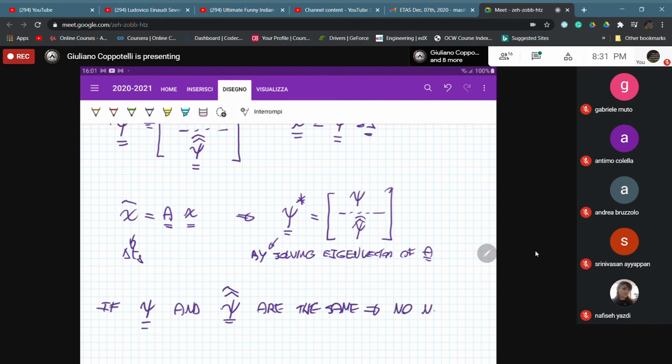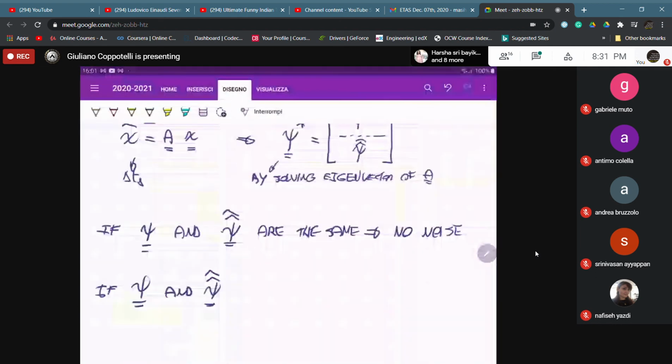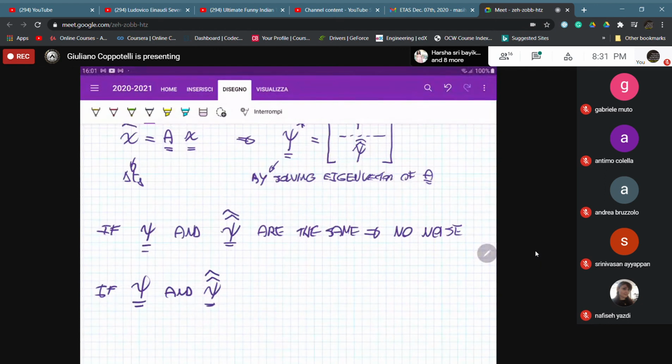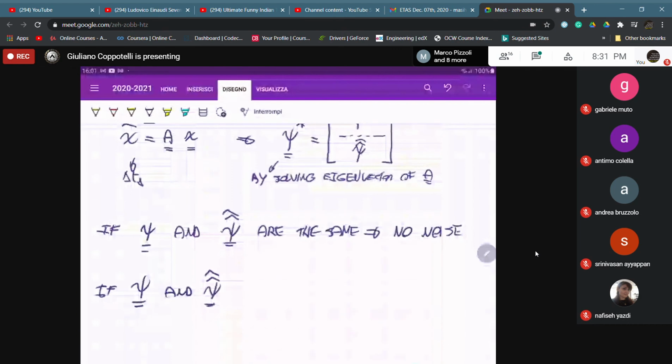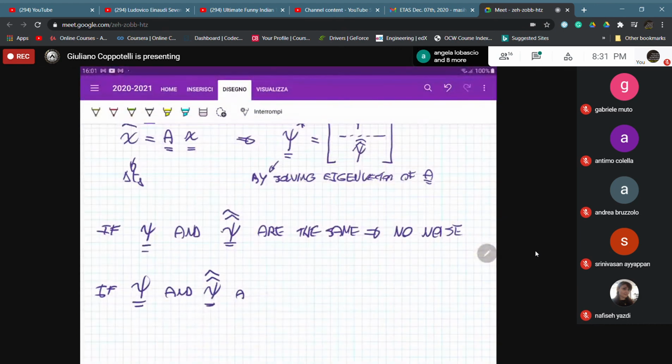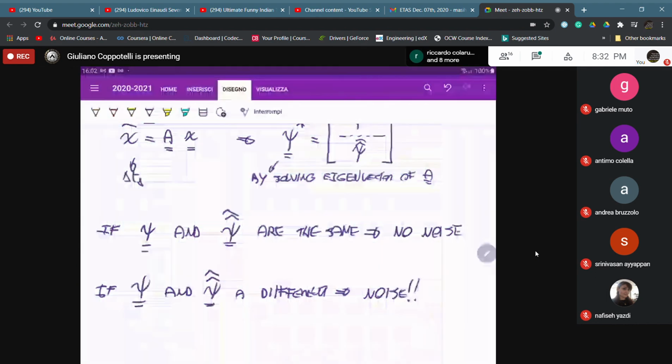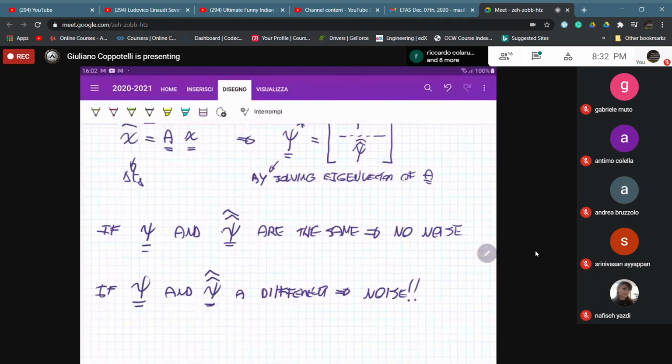Okay, if the psi matrix and the double hat matrix are different, then there is noise. Okay, so that's the way we are evaluating that.